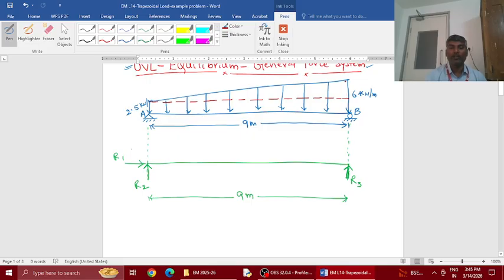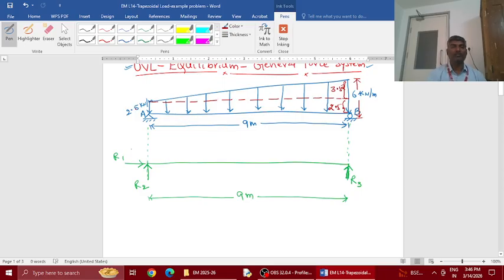The total height here is 6. The rectangle height is 2.5, and the rest of the height is 3.5 kilonewton per meter. So this is how it is being divided.